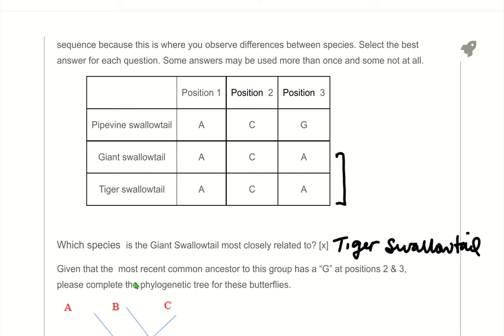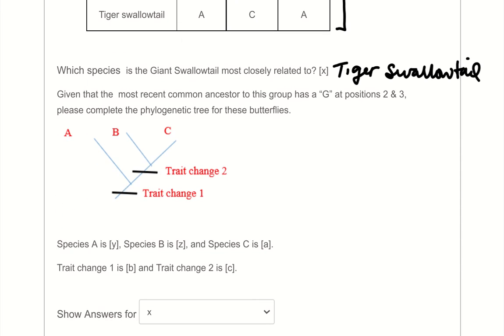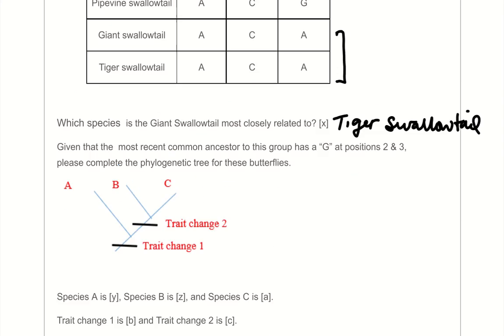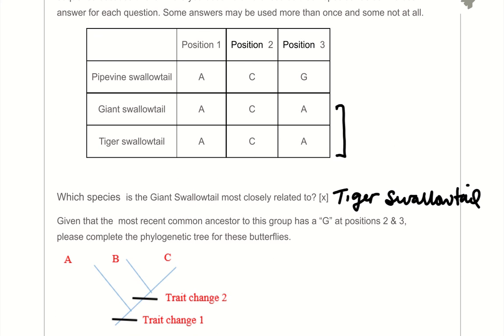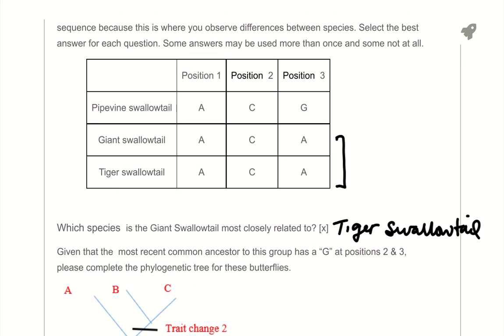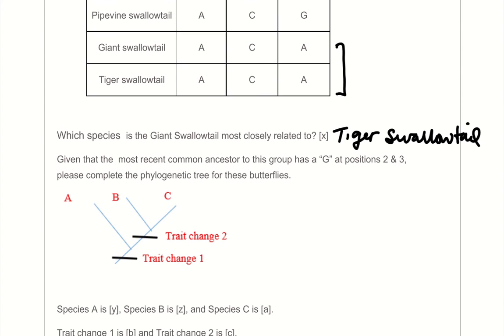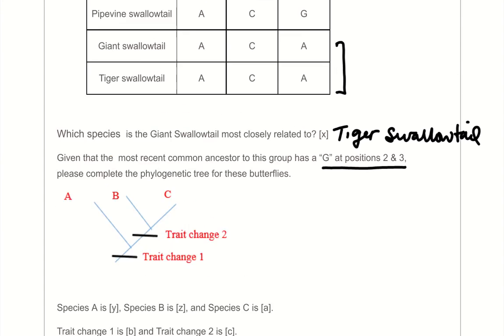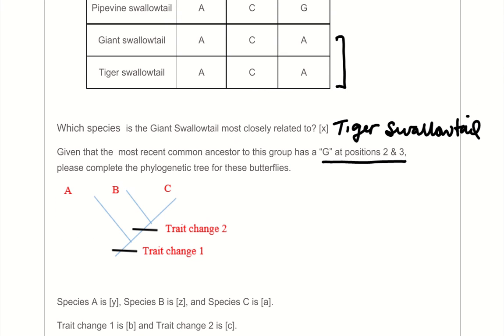And then next, given that the most recent common ancestor to this group has a G at positions 2 and 3, please complete the phylogenetic tree for these species. So now they're saying we have a most recent common ancestor. So that's another species that is not on the list. So we can even just make up a name for that to make it easier. That's going to be the pink swallowtail, okay?